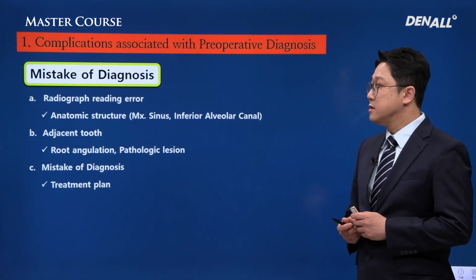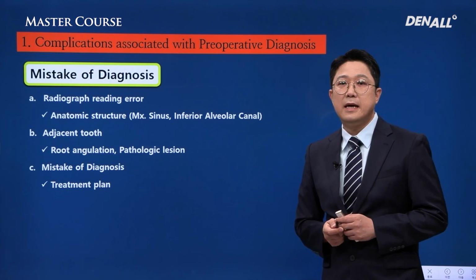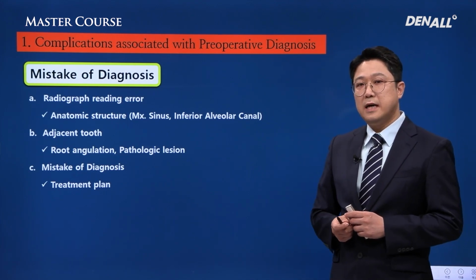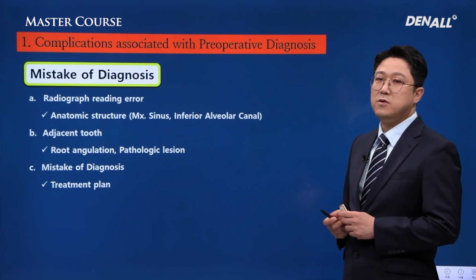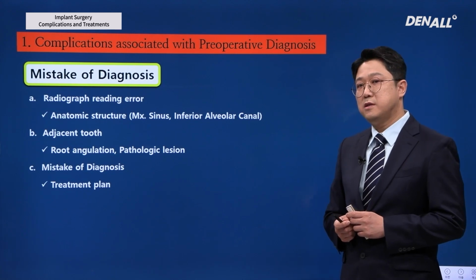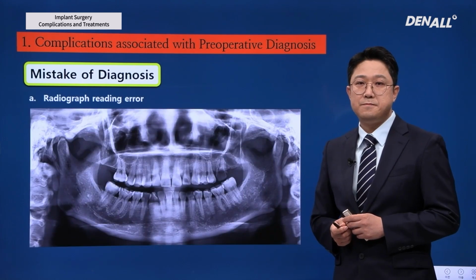Next, I'm going to talk about complications that occur due to error in diagnosis. There can be radiograph reading errors or issues with the adjacent tooth, or there could be mistakes in diagnosis. In these cases, implant complications are bound to occur.